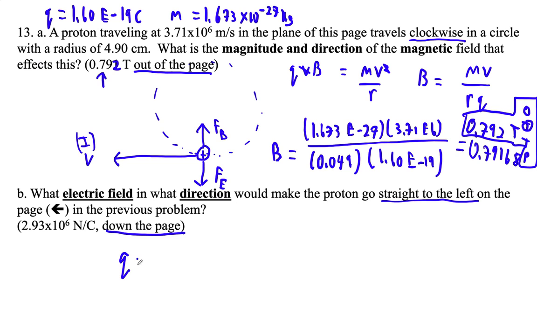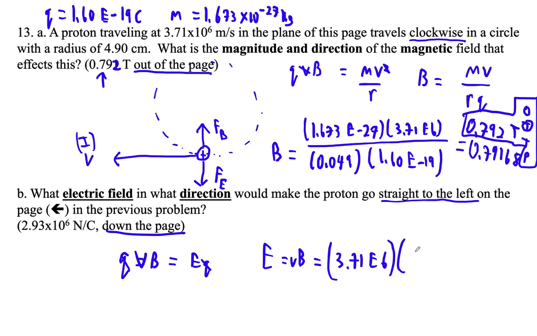And then the rest of this calculation is really simple. We say the magnetic force, QvB, equals EQ. The Q's cancel, and E is just vB. How fast is it going? 3.71 E6. And our magnetic field is 0.79168.